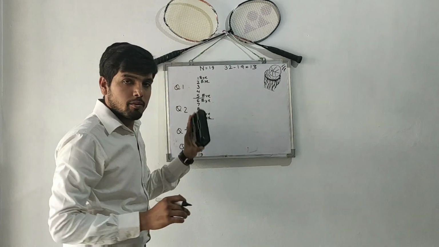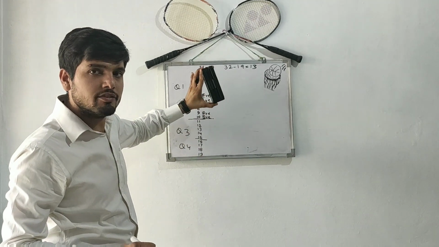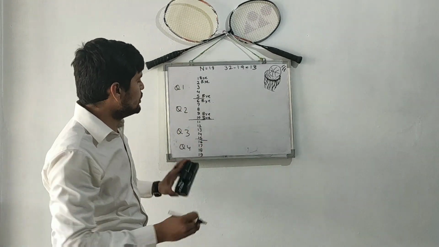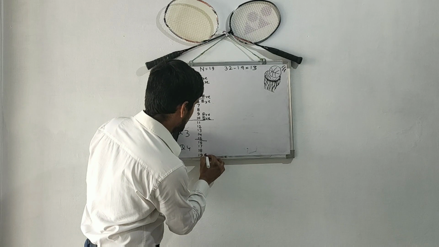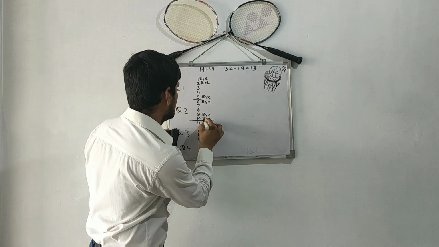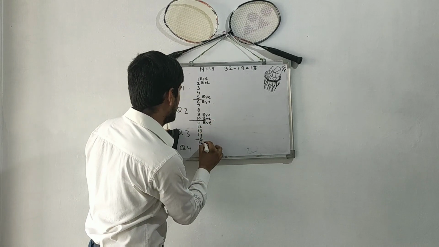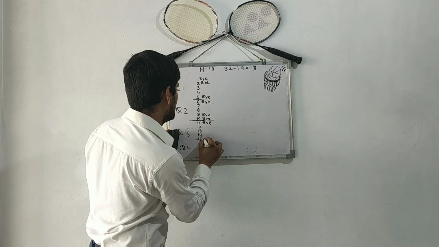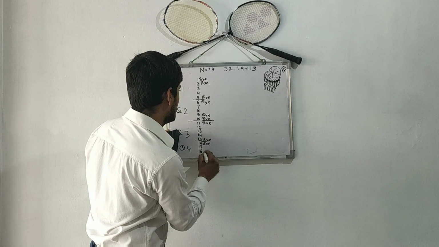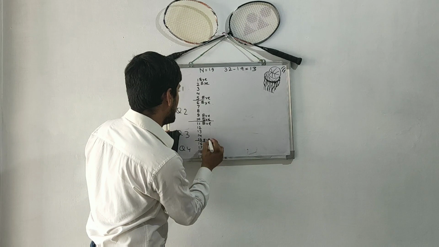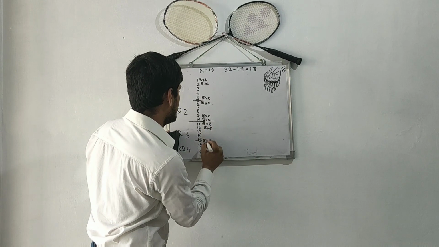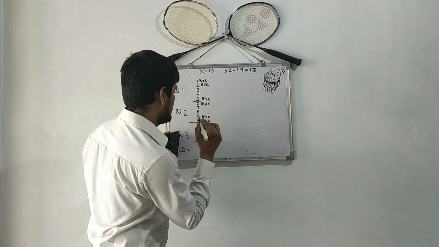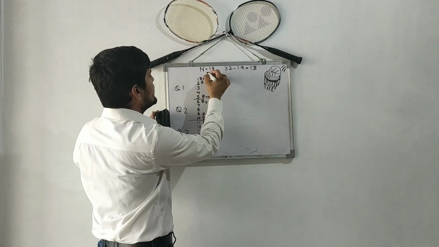We allotted these 6 byes in the upper half. Now 7 byes in the lower half. So bye 1, 2, 3, 4, 5, 6, and 7. So you allotted this.